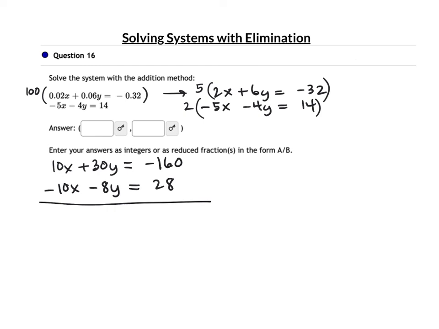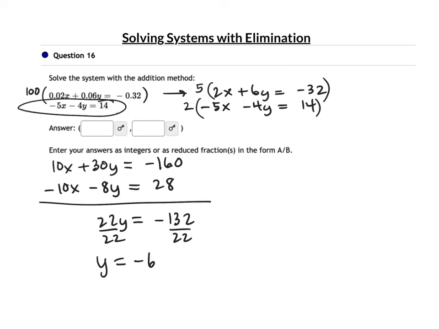And we'll add those up and we get 22y equals negative 132. Now divide by 22 and y will equal negative 6.